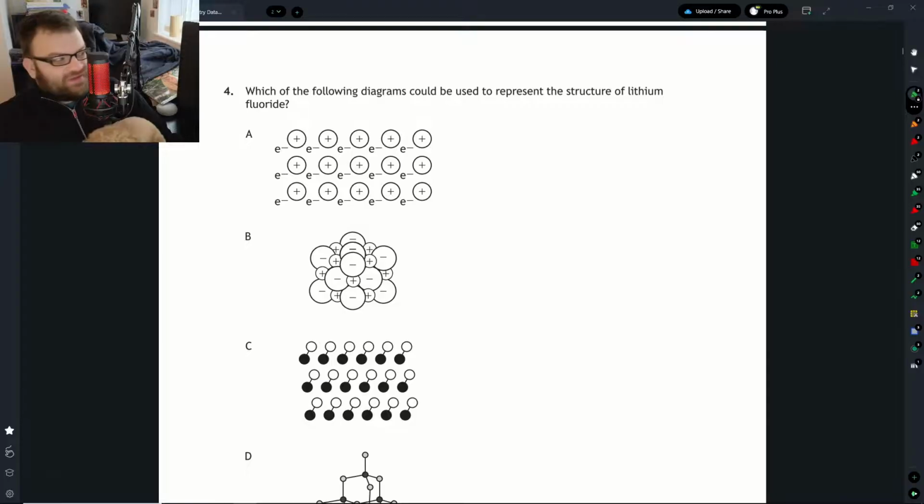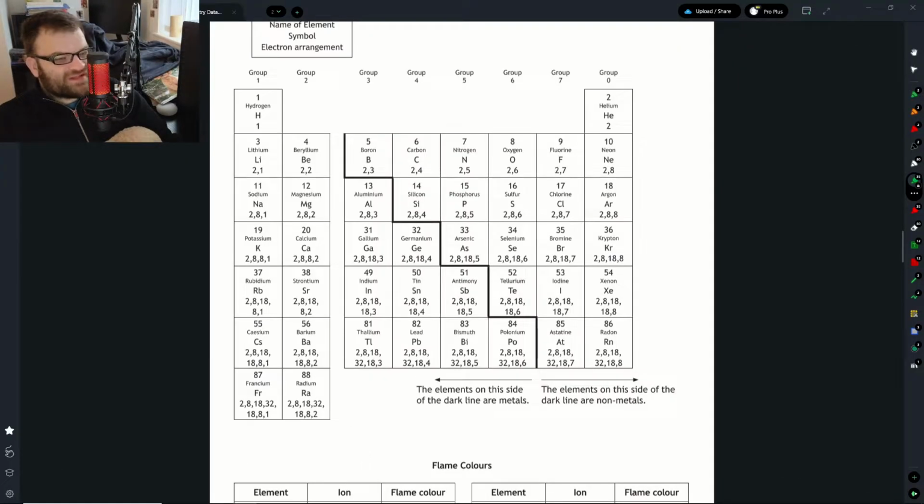Number 4, we're looking at lithium fluoride. We have a metal and we have a non-metal. You can use the data booklet to classify them. We have lithium, we have fluorine. Lithium is on the left of the dark line, so it's a metal. Fluorine's on the right side, so it's a non-metal.